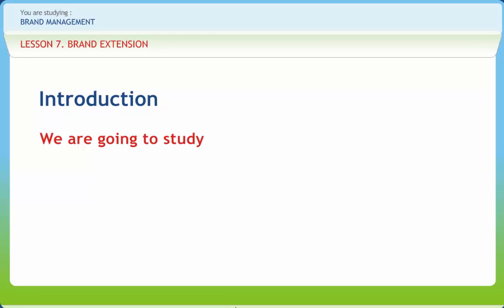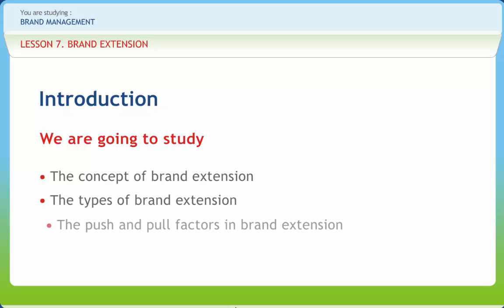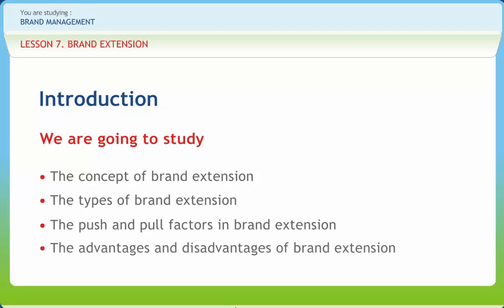In the seventh lesson of brand management, we will discuss the concept of brand extension, the types of brand extension, the push and pull factors in brand extension, the advantages and disadvantages of brand extension, and the concept of brand equity.